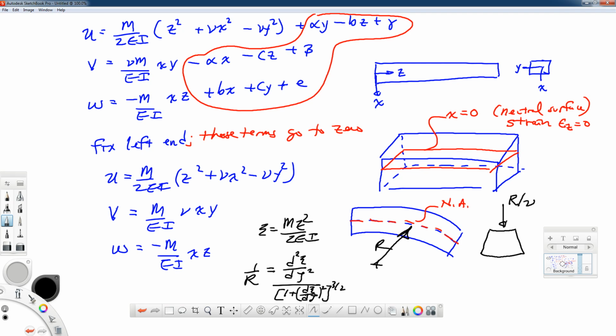If we have small deformations, this derivative is very small. When we square it, it's even smaller. Add it to 1, it's pretty much 1. Take it to the 3/2 power, it's pretty much 1. So that gives us back the second derivative of xi with respect to eta, which is our typical expression of 1 over r equal to M over EI, which forms the basis of Bernoulli-Euler beam theory.